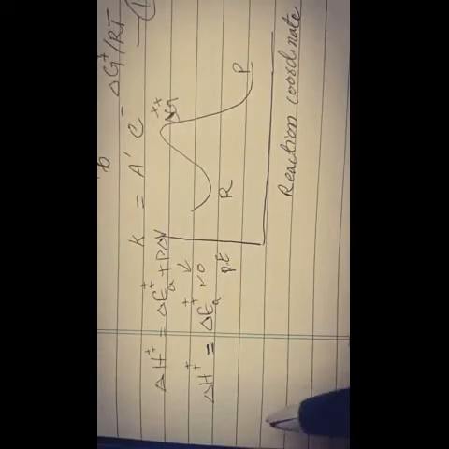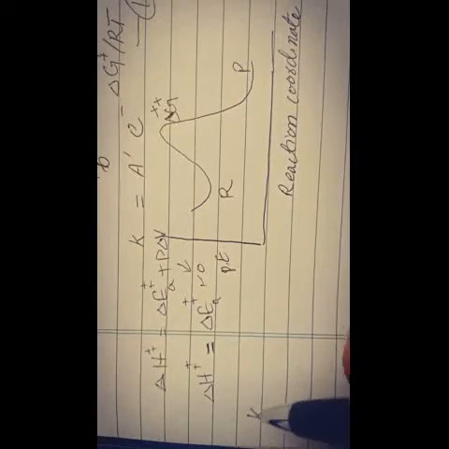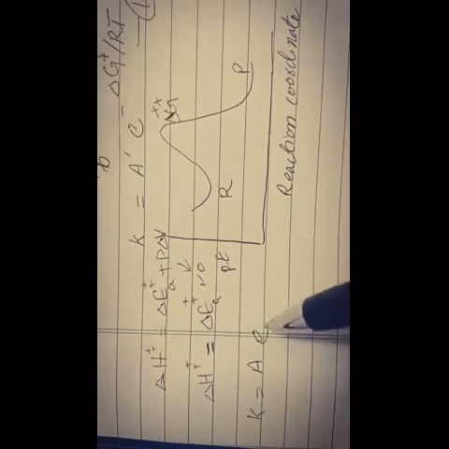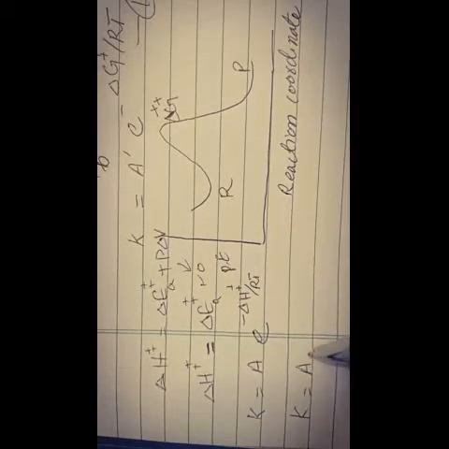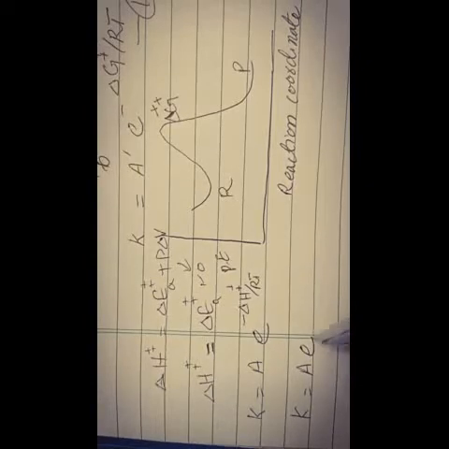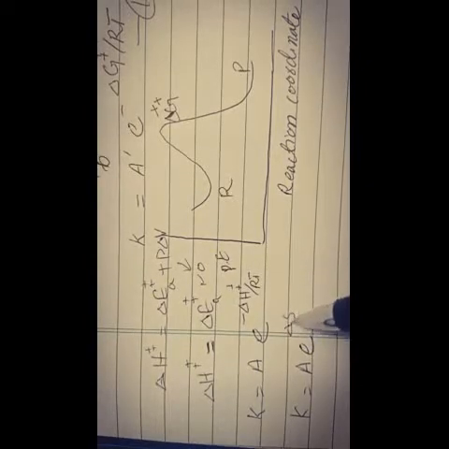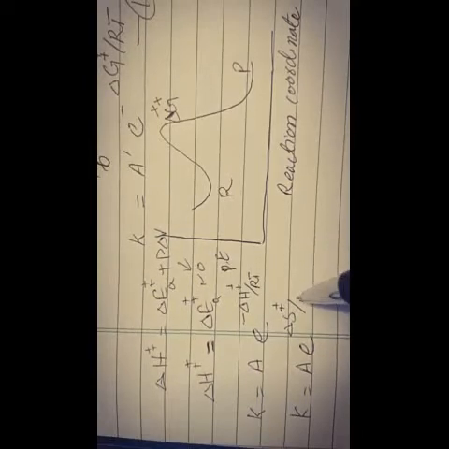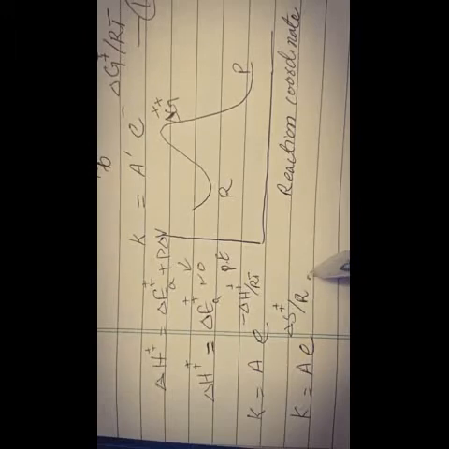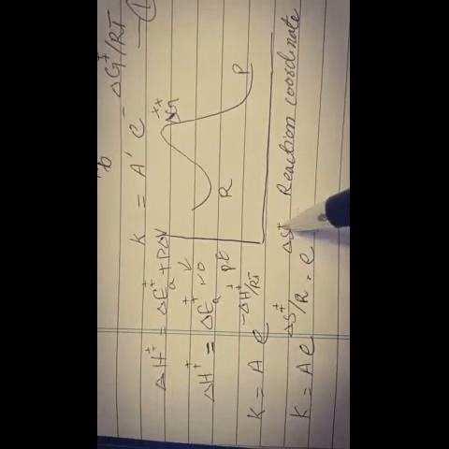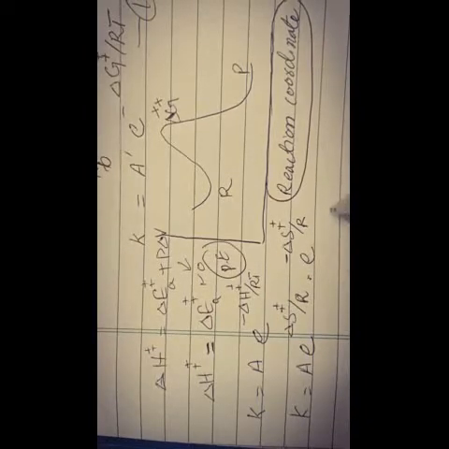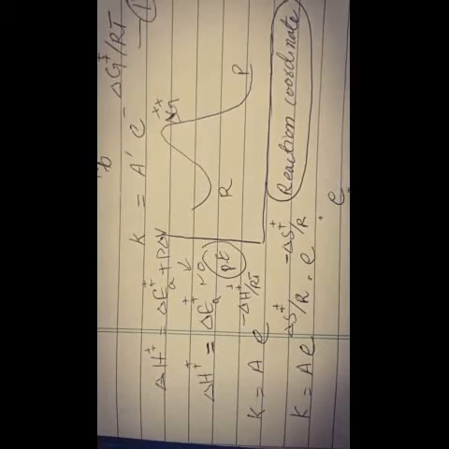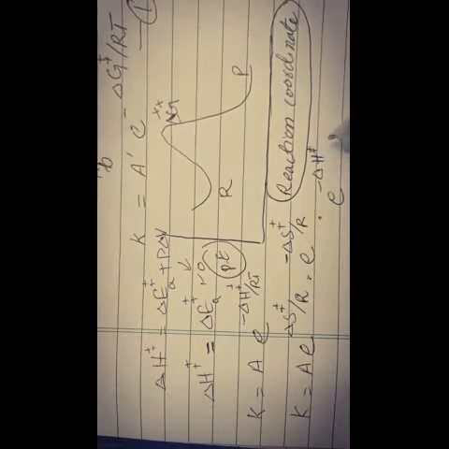So using these terms, the Arrhenius equation was developed to A into, and if you multiply this term with exponent of entropy over R, into the existing exponential term, that is delta H plus plus over RT.